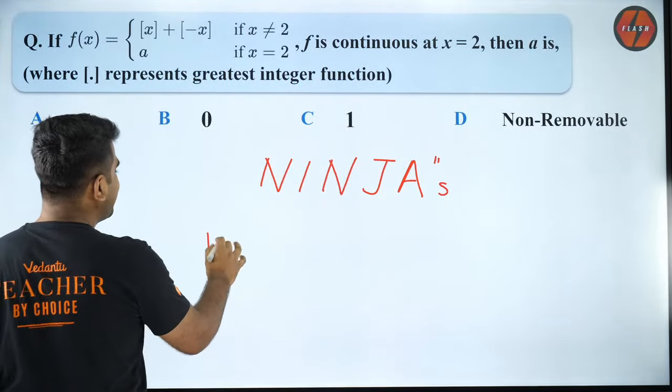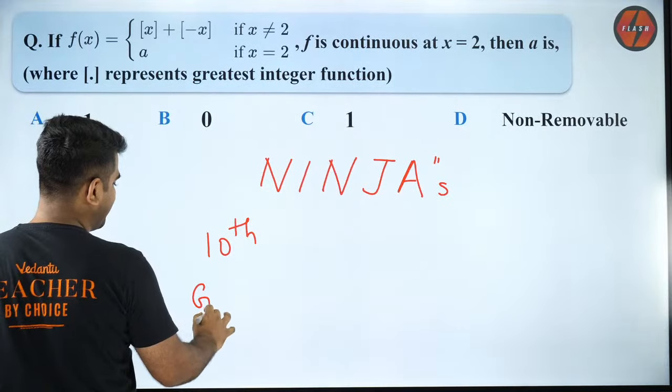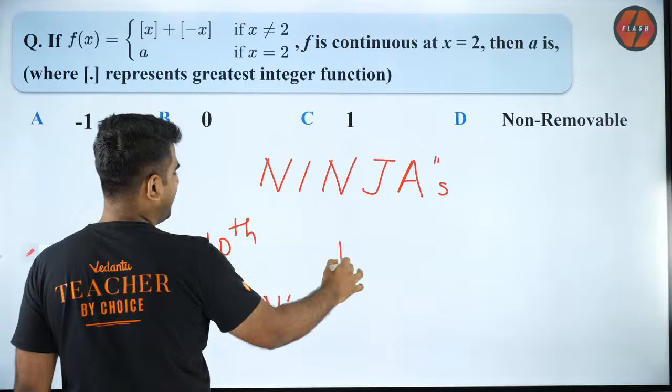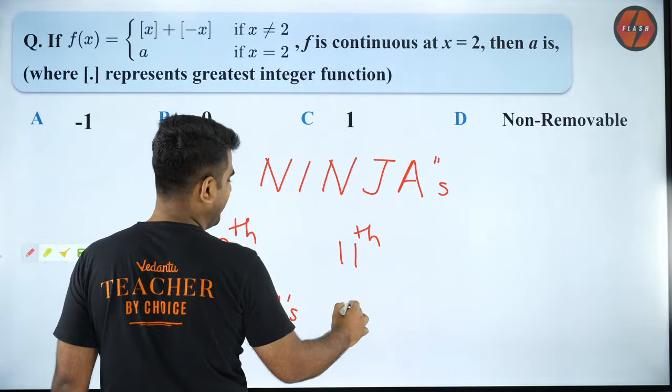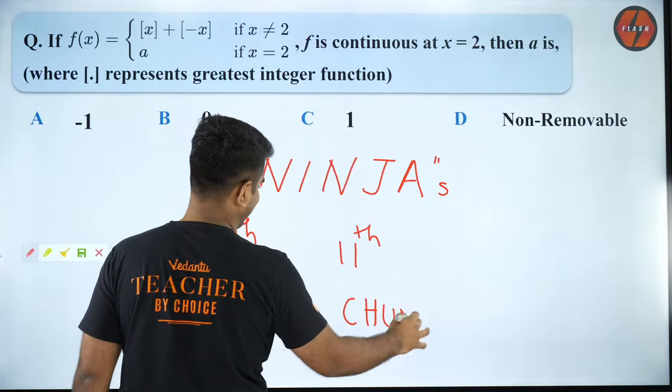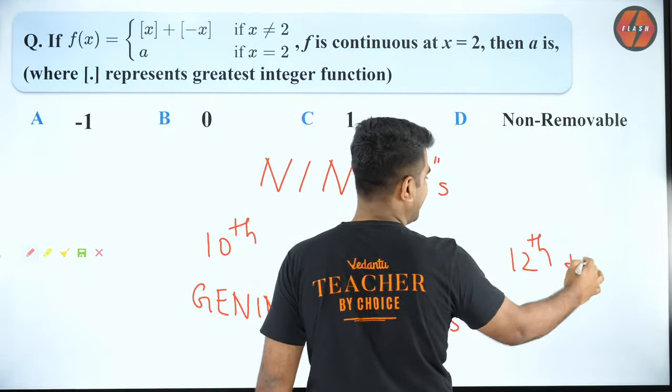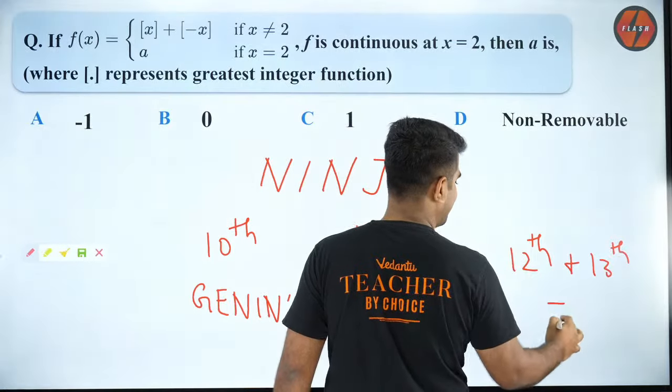So the 10th standard guys will be called Genins. The 11th standard guys will be called Chunins. And the 12th and 13th will be called Jonins.